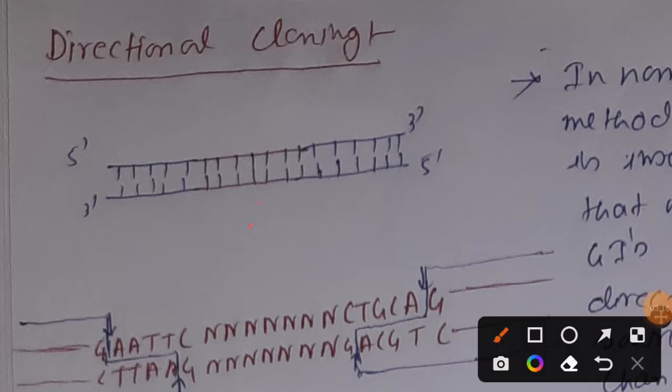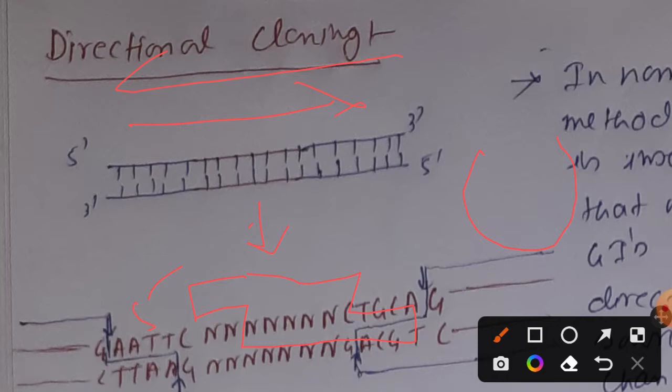Our gene of interest will be digested by the restriction endonuclease, which will generate a staggered end like that. Now this staggered end can be attached to the vector in two possible combinations. Either it can be attached from that position, or it can be attached from that position. Both are possible.